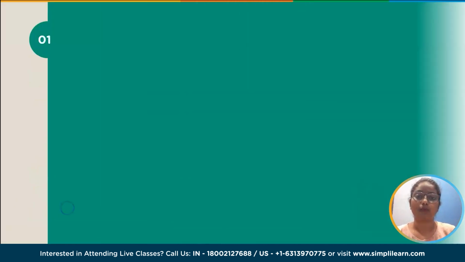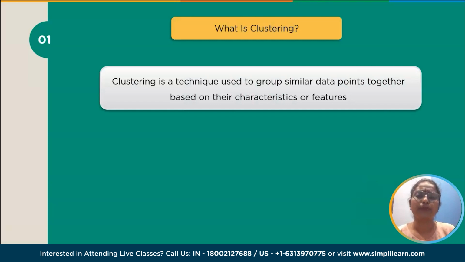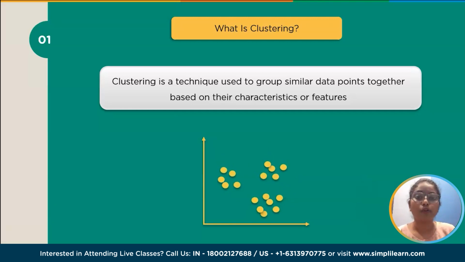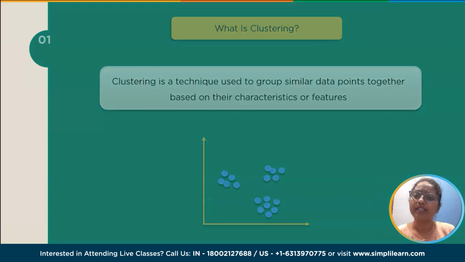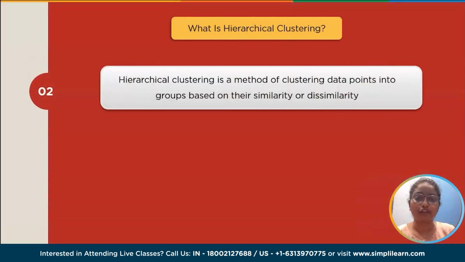Let's try to understand what exactly clustering is. Clustering is a technique used to group similar data points together based on their characteristics or features. In simple words, grouping unlabeled examples is called clustering. Then, what is hierarchical clustering? Well, hierarchical clustering is a method of clustering data points into groups based on their similarities or dissimilarities.